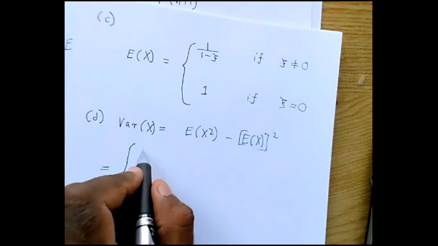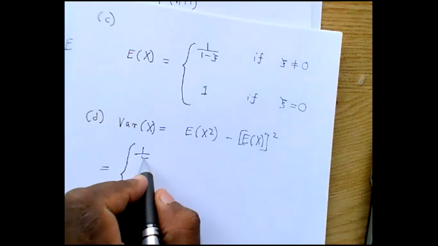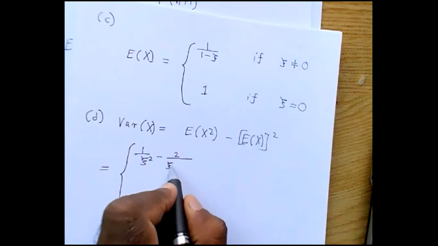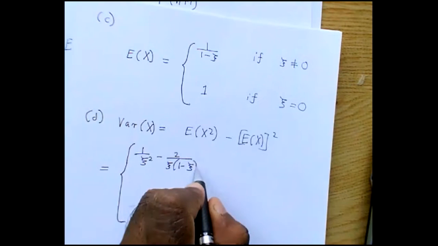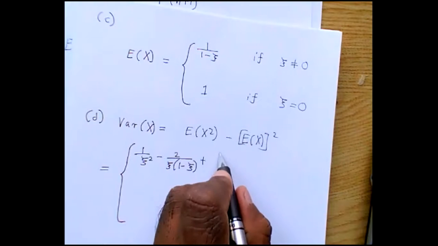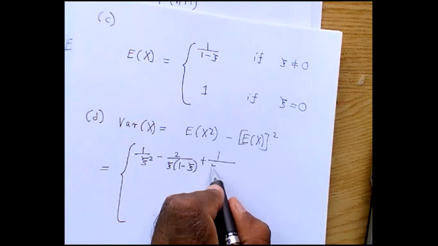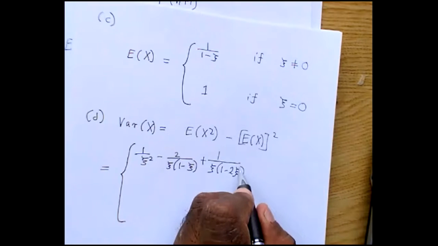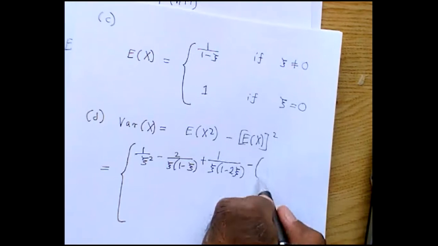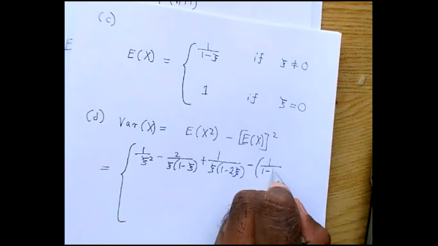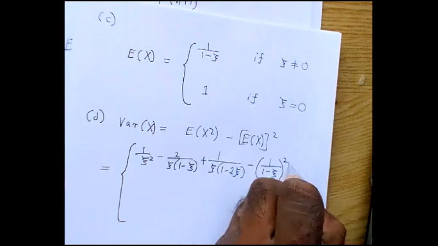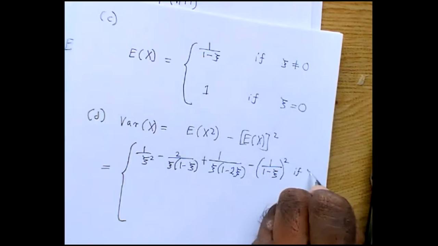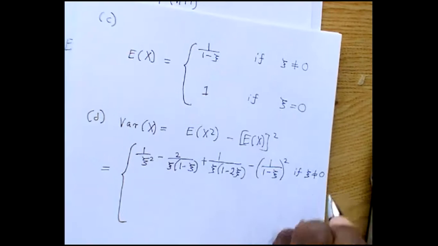So if n equal to 2, minus the square of, yeah, that's if psi is not equal to 0.